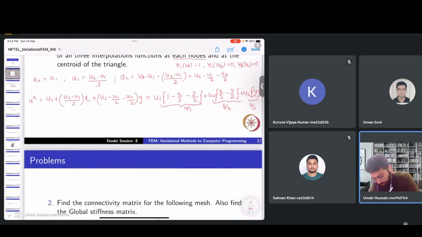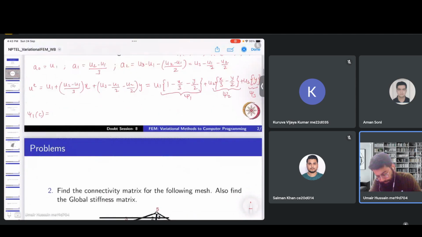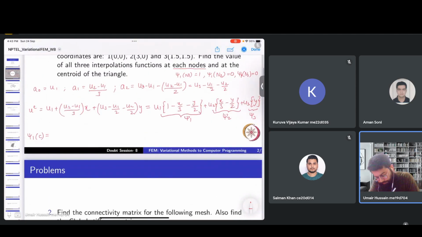So we find psi 1 at the centroid, we get 1 minus 1.5 by 3 minus 0.5 by 2. So this again is 0.5 minus 0.5 by 2.